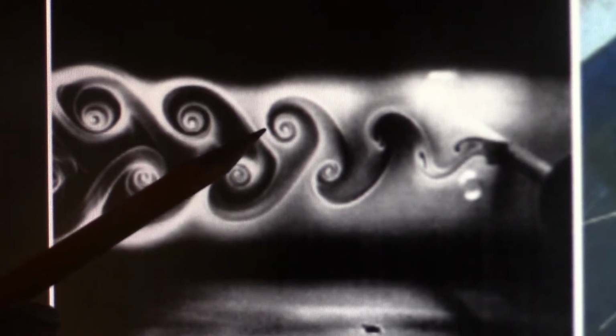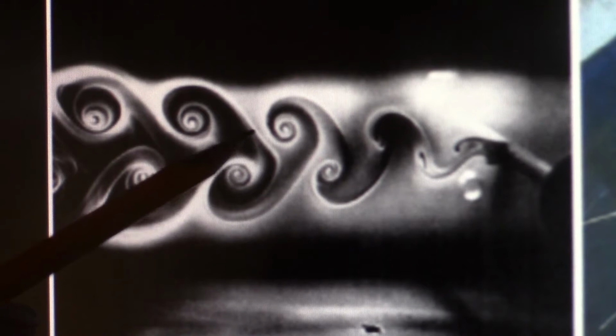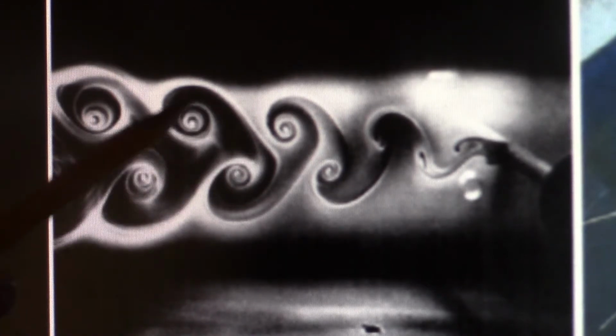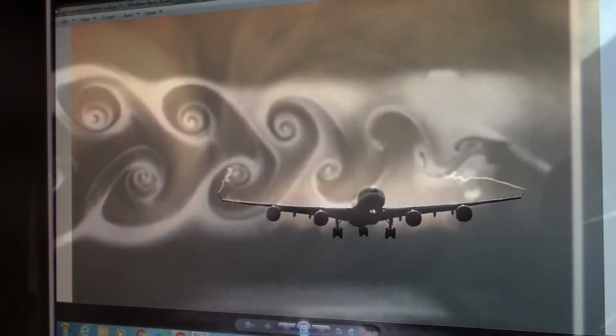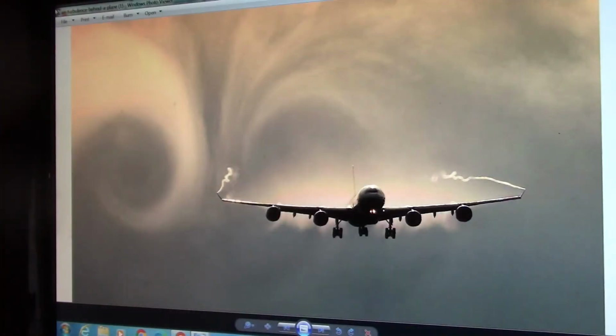So it doesn't necessarily have to be a canister. It's just going to naturally stir up that air, and you see those beautiful swirl patterns. And here's an airplane coming in for a landing, and again it's producing those beautiful swirl patterns as it disrupts the ether or the air.